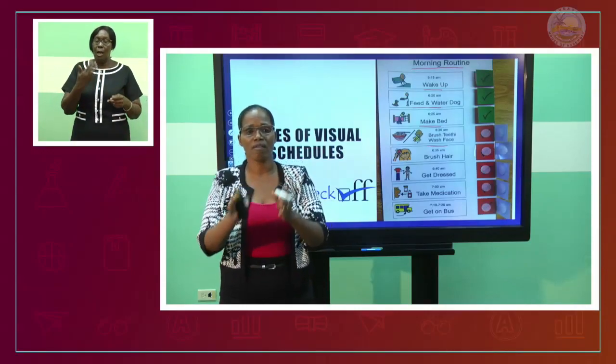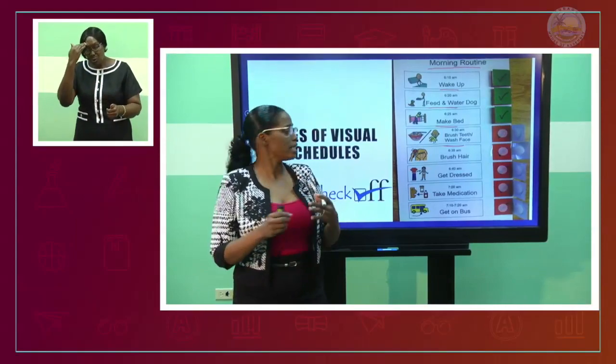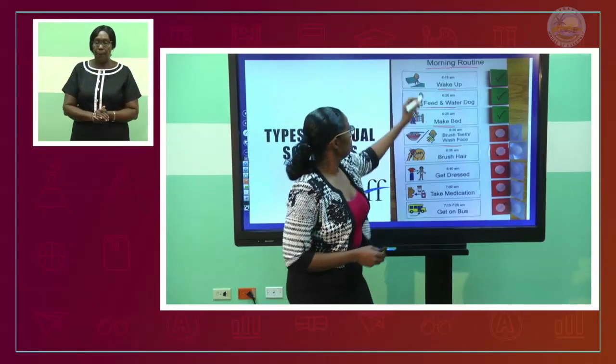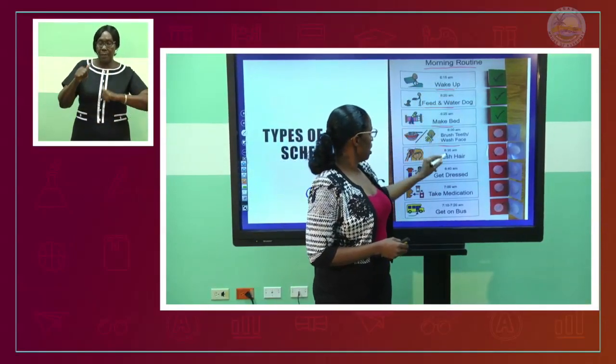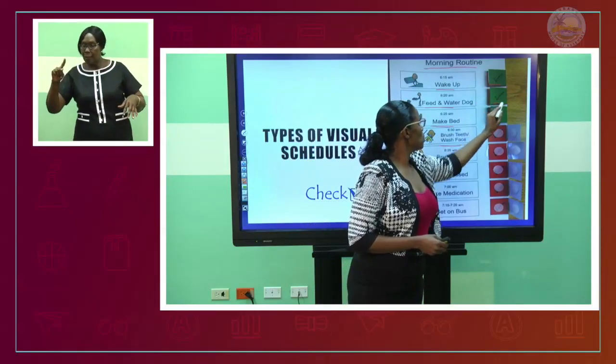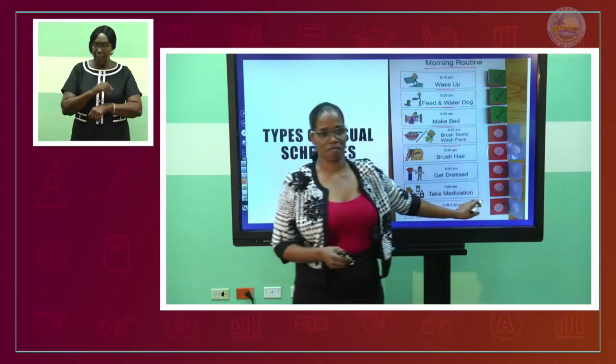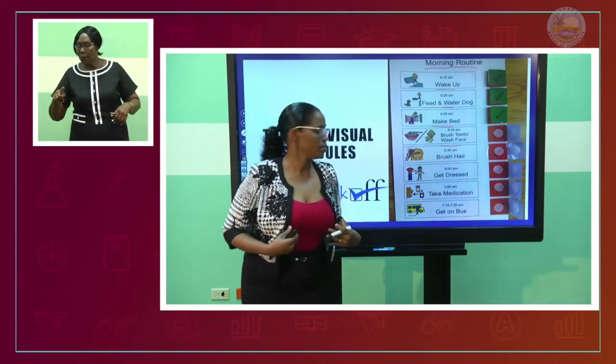They need to have that structure. They need that predictability when the day starts. So when the activity has been completed, you can check it off. So it means that at the end of the day, everything has been checked off and your day is completed.